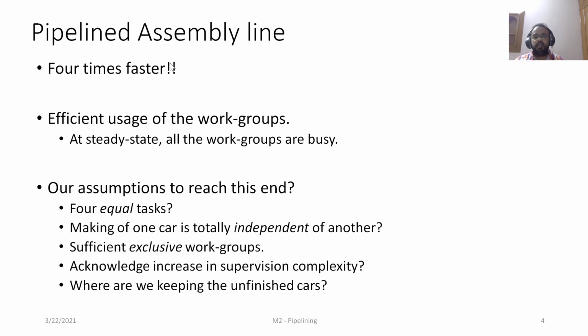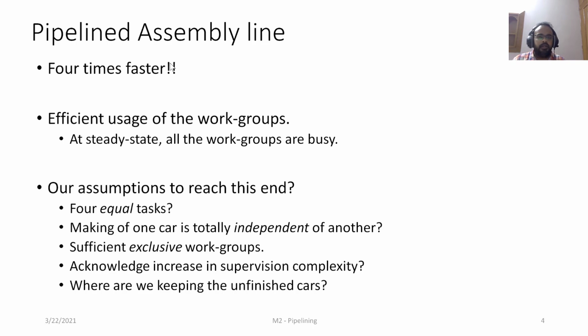And the fifth assumption we made was overlooking where we would keep the unfinished cars. For example, after we build the engine of the car, where will we place it so that the guys who are working on the body will pick it up? Or once the guys who have worked on the body or the chassis of the car are done, where will they keep it, so that the guys who are working on the paint would take that and start painting?